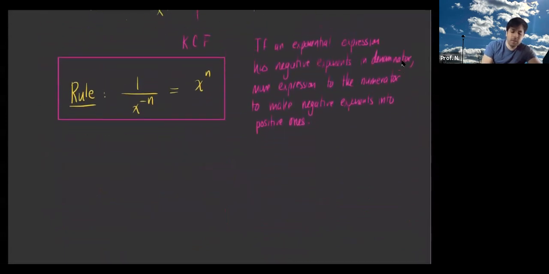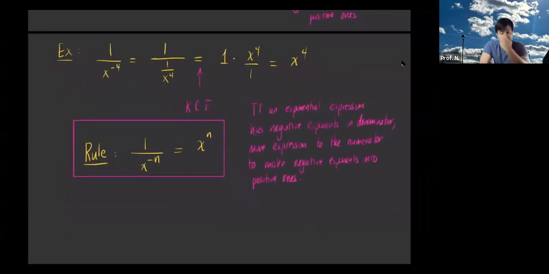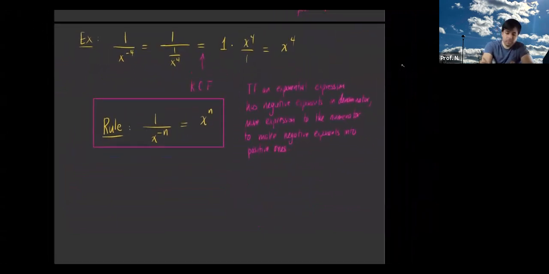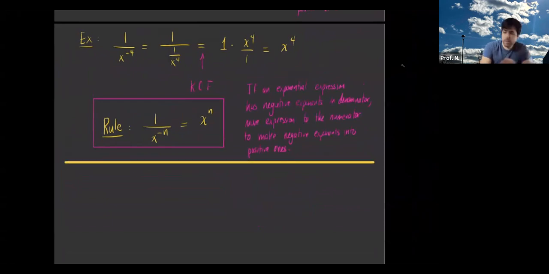And now hopefully we can see all of these things in action with the first set of examples here. All right. So I want to give just examples of simplifying.